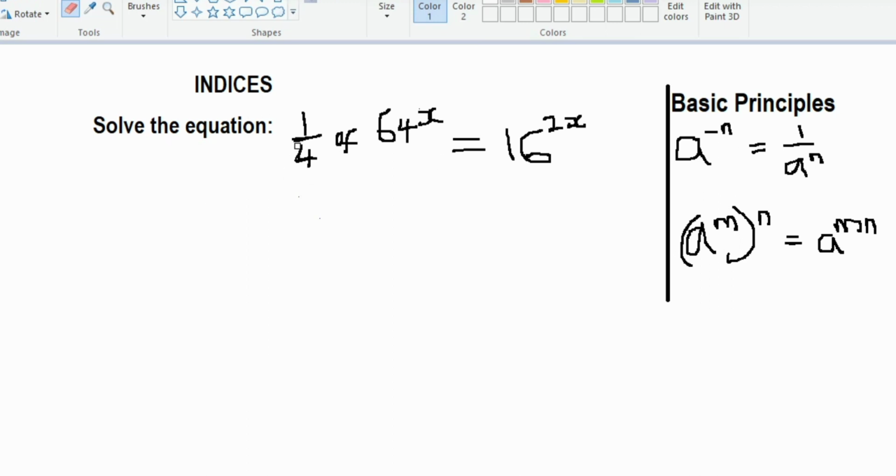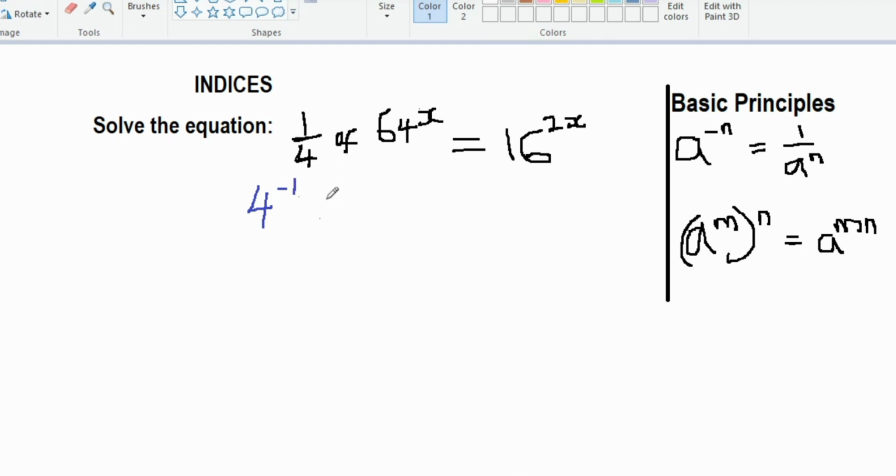And so that means that the 1 over 4 we have here, we can actually change it. We can make it 4 raised to power minus 1.